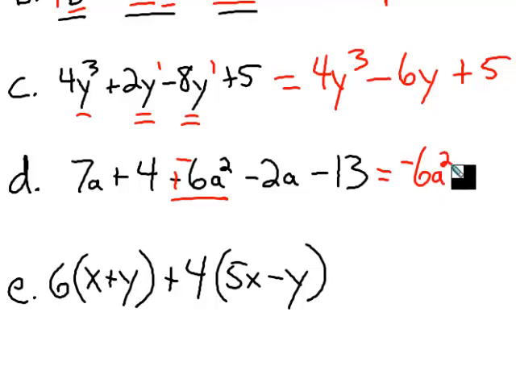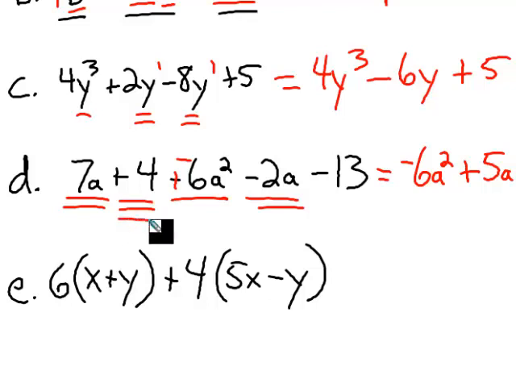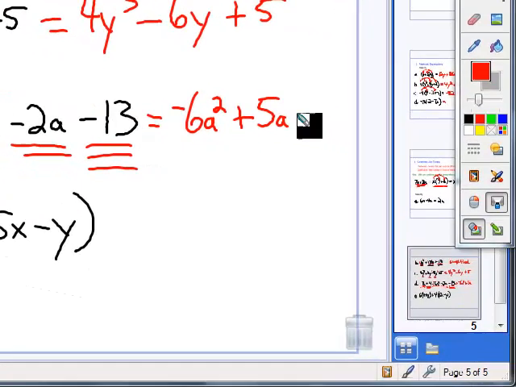Well, I have a's here. I have a -2a and a +7a. Well, that's going to leave me positive, so plus 5a. And I also have some constant terms. I have a +4 and a -13. Well, when I combine those, I should get a -9. So -9. Keep it simple with one sign between terms.